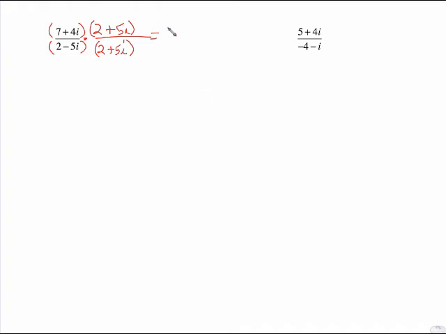So FOIL on the top, 7 times 2 is 14, plus 35I, plus 8I, plus 20I squared. The bottom is simple, 2 times 2 is 4, minus 25I squared. So let's get things cleaned up. Cross off the I squared, change the sign.